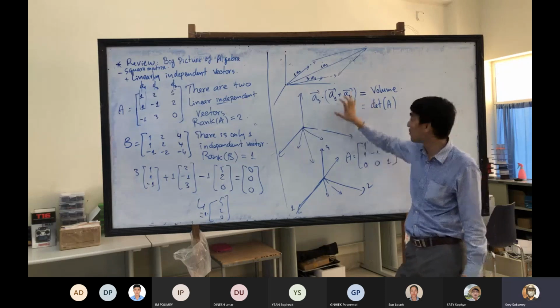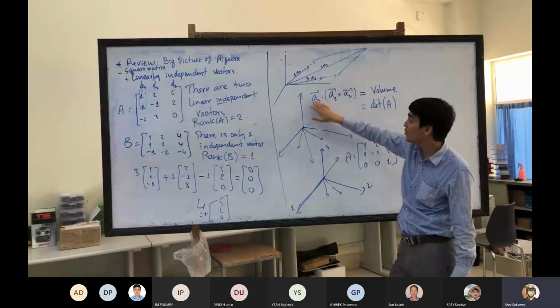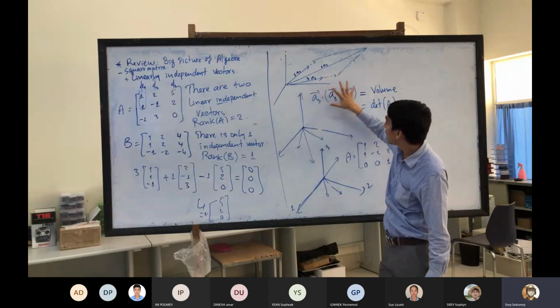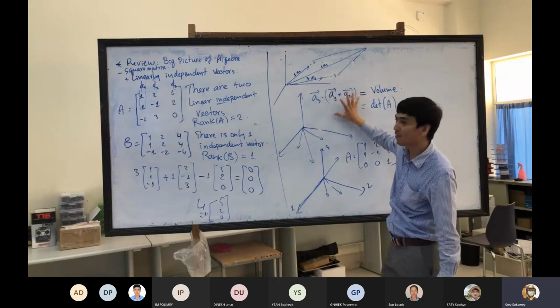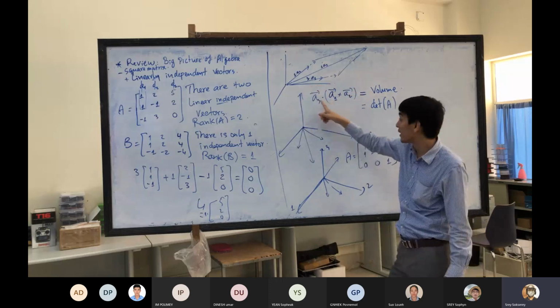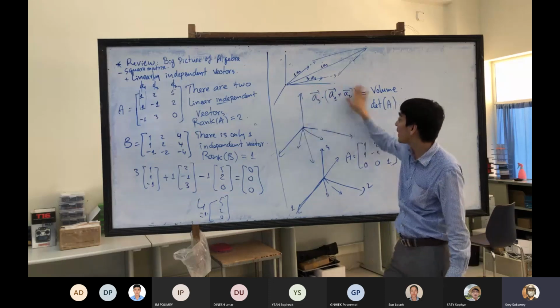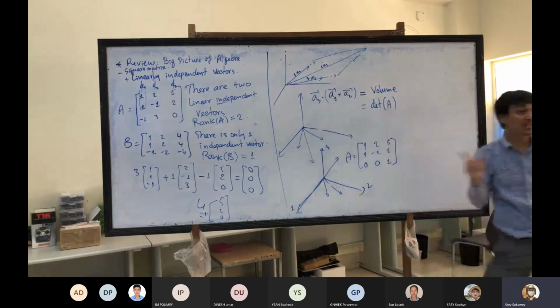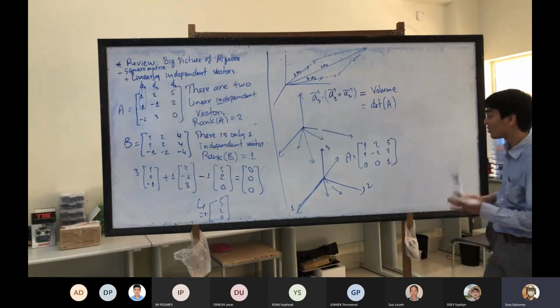The magnitude is the surface, and when you multiply by A3, you multiply the magnitude of the surface with the magnitude of A3 times the cosine between A3 and the plane, and then it becomes volume. That is the proof. You check by yourself.